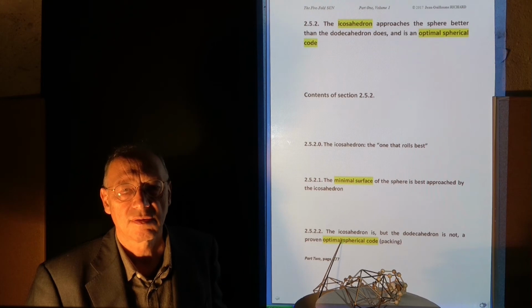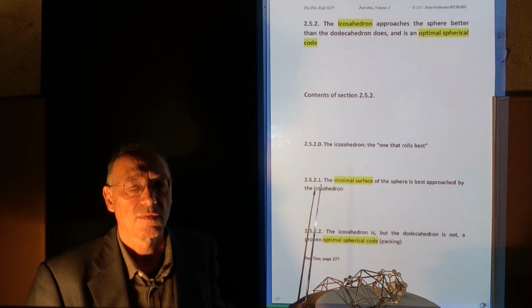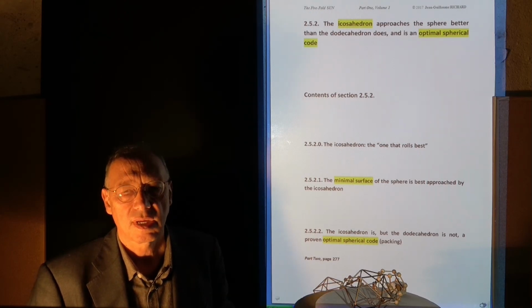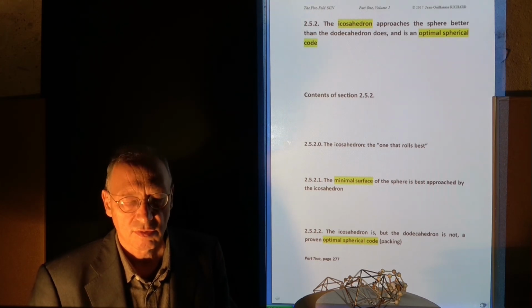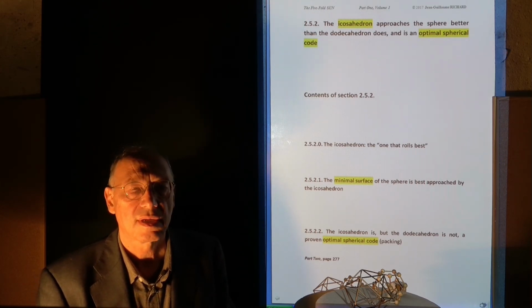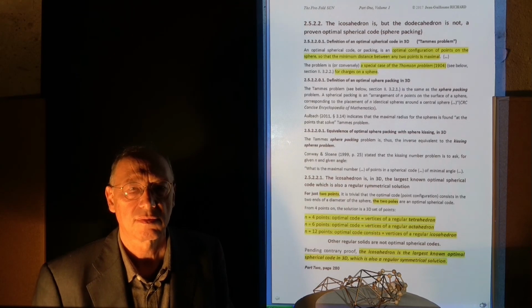The icosahedron is the optimal spherical code, which the dodecahedron is not. Optimal spherical code in the case of the icosahedron for the largest number of points so far known.